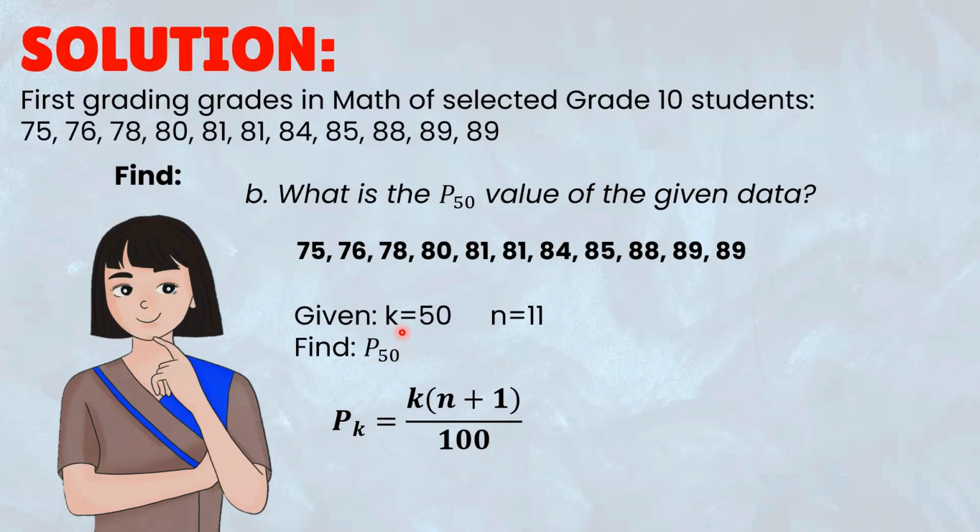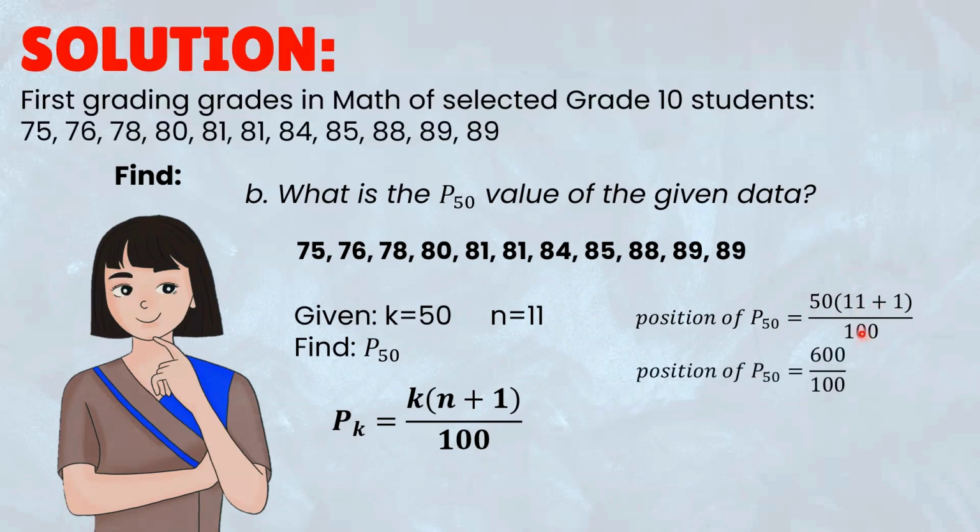Therefore k is equal to 50 and n is equal to 11 because there are 11 values in our data set. So the position of percentile 50 is unknown. It is equal to k is 50, n is 11, plus 1 over 100. We perform the operation. 11 plus 1 is 12 times 50. That gives us 600. Divided by 100, that gives us 6.